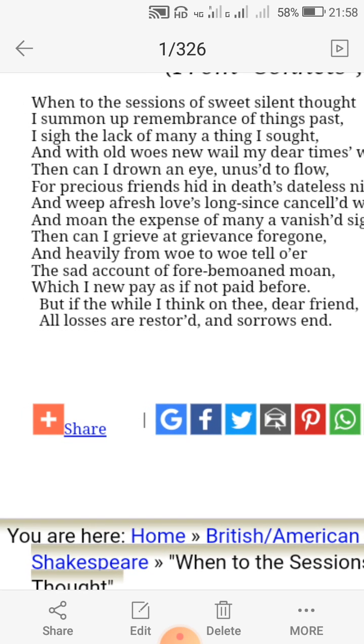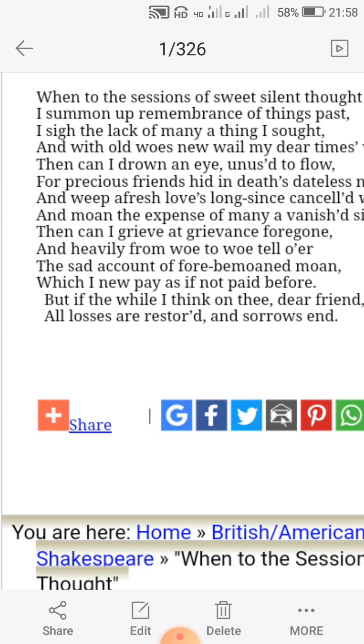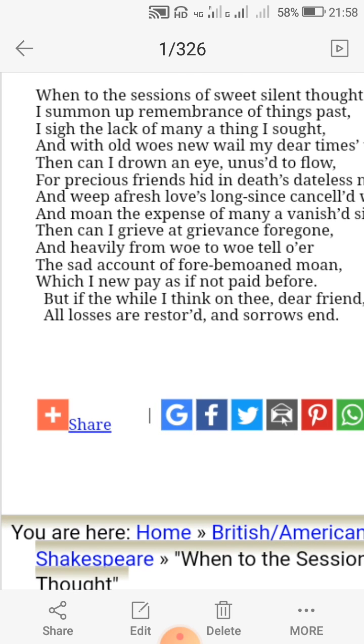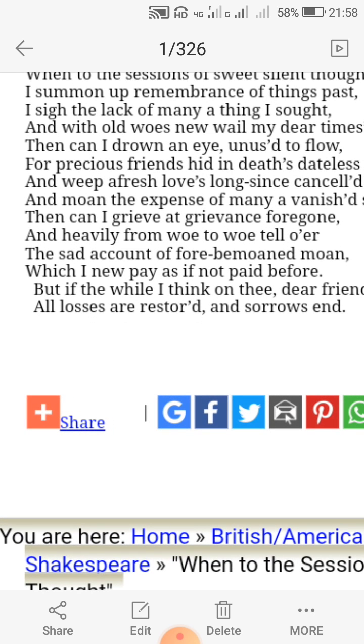He says that, then can I grieve at grievances foregone. He is complaining about the past mistakes which have ruined his life in the present, and heavily from woe to woe tell o'er. And he is thinking over his past pain, past sorrow.